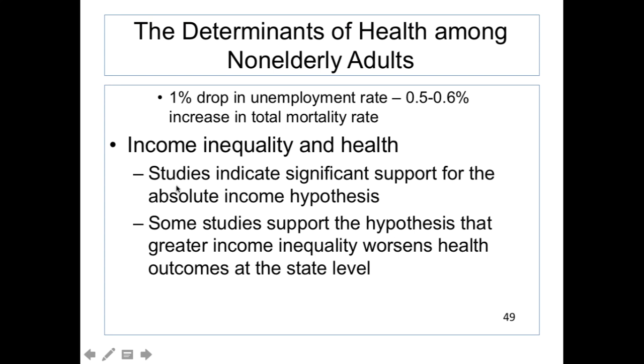When we are looking at income inequality and health, remember that in economics we always care about the relative values, not the absolute values. We care about relative income and relative prices, because that actually matters.